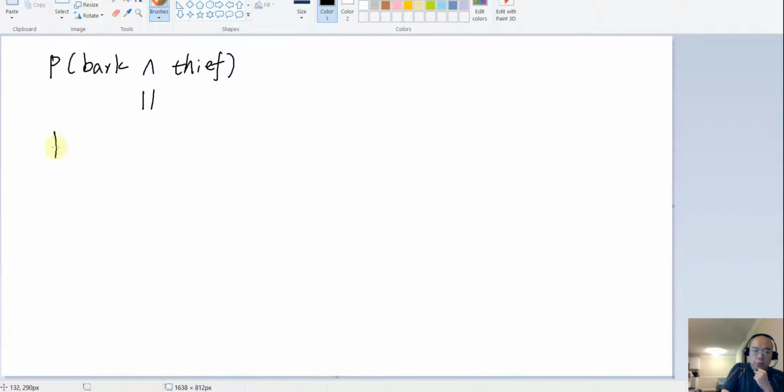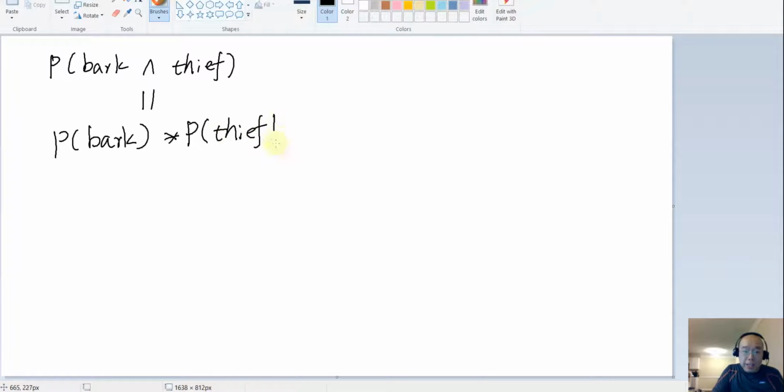It equals the probability of the dog bark multiplied by the probability that a thief is really there given the dog barks.